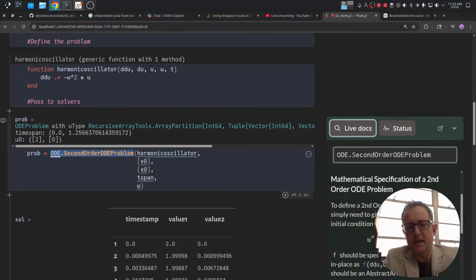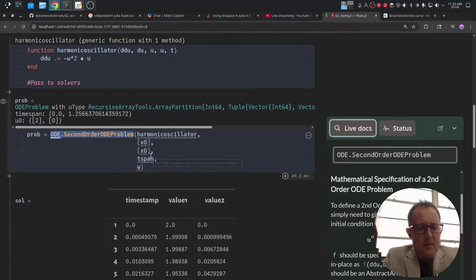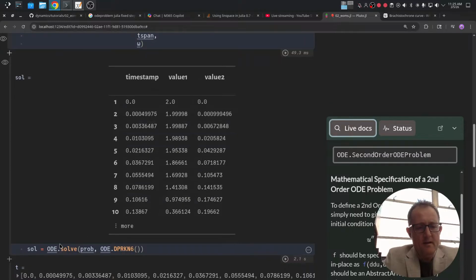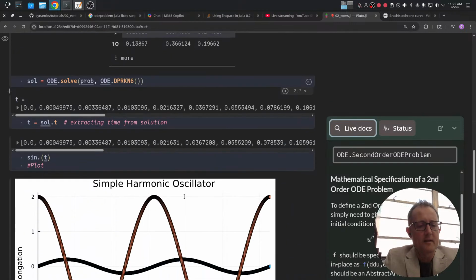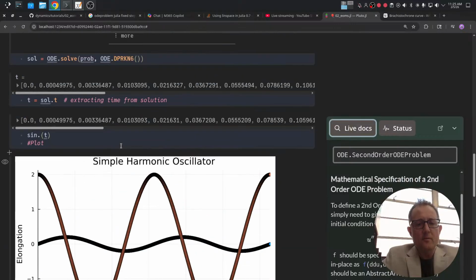Where p is the parameters, like omega, and t is the time. Okay, that works. Then when we solve it, we get times and values, so it's starting off at 2 meters and 0 meters per second, dropping. And we get these curves.